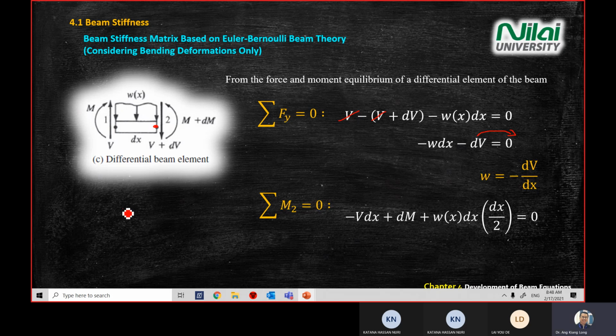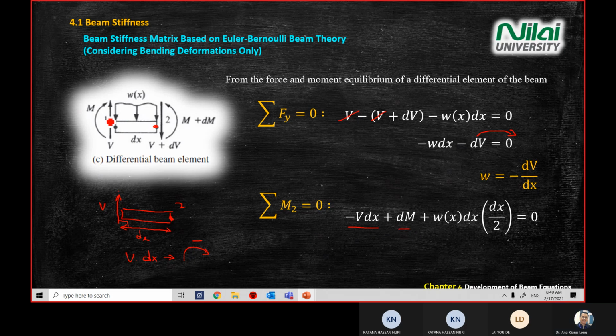Because the shear loading is in this direction, and you have a dx here. The dx and your V are at 90 degrees, and standing at point 2, V times dx will create a clockwise moment. Clockwise is negative, so you get the first term.